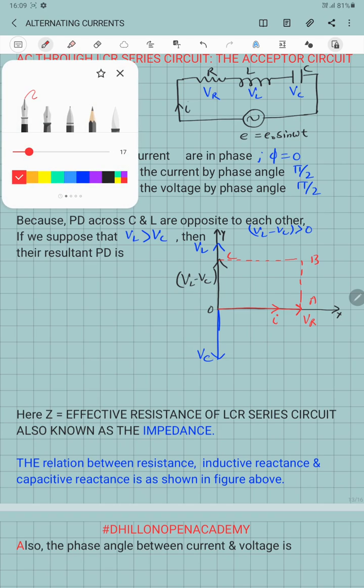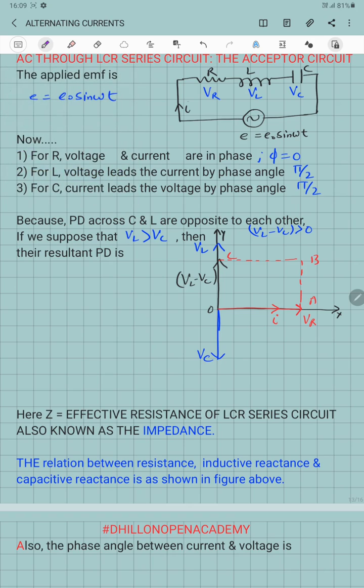So the resultant potential difference of the LCR series circuit will be indicated by the diagonal of the parallelogram passing from the point O like this. This will be the resultant value of the voltage.